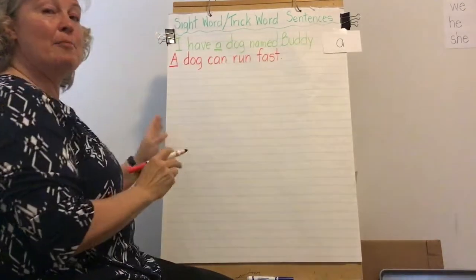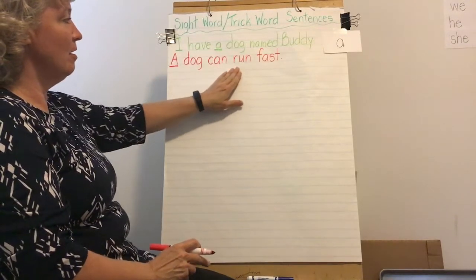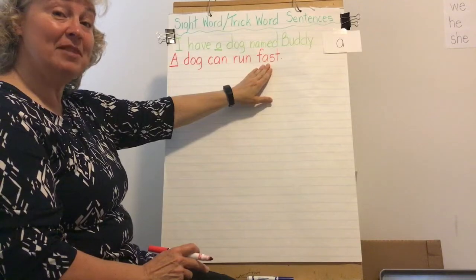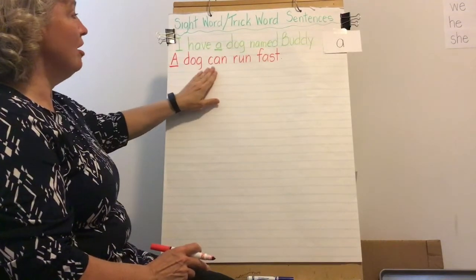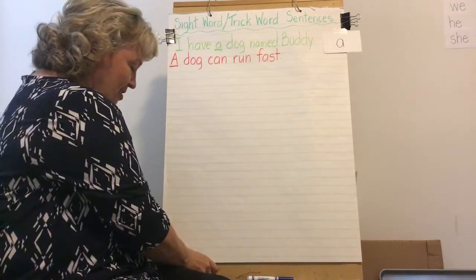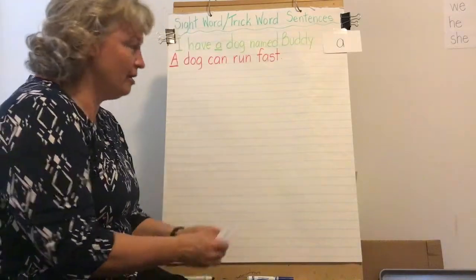All right, I'm going to point, you try it. Here we go. All right, I'll read it to you. Check and see if you got the same thing. A dog can run fast. Very good. All right. So here comes my next word.